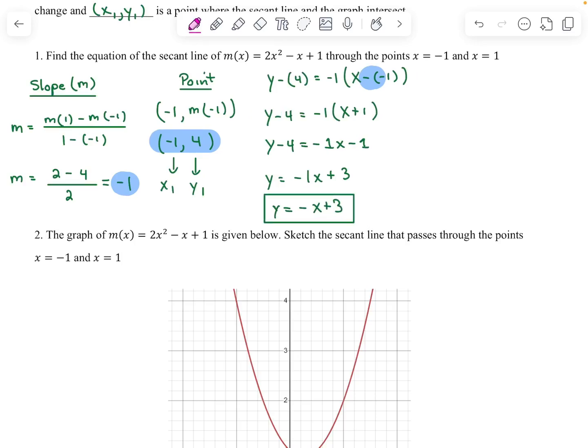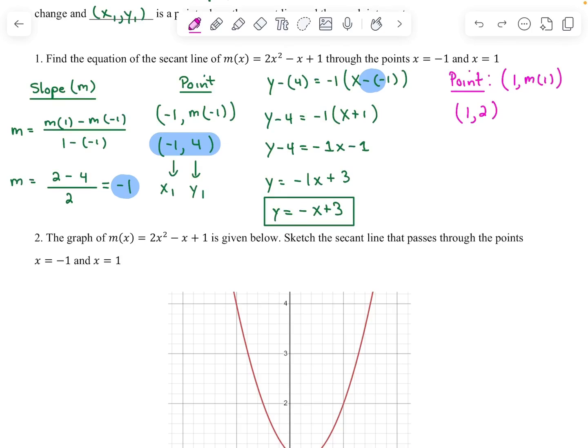Now you are probably wondering, will we get the same equation if we use the other point? Well, let's check it out. So the other point on the secant line will be 1 comma m of 1. And using Decimus, you'll see that the point will be 1 comma 2.